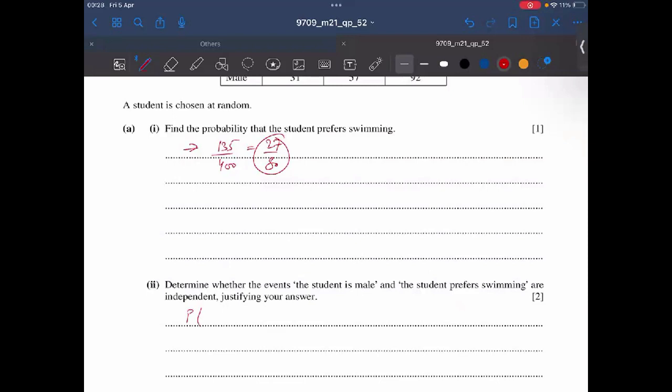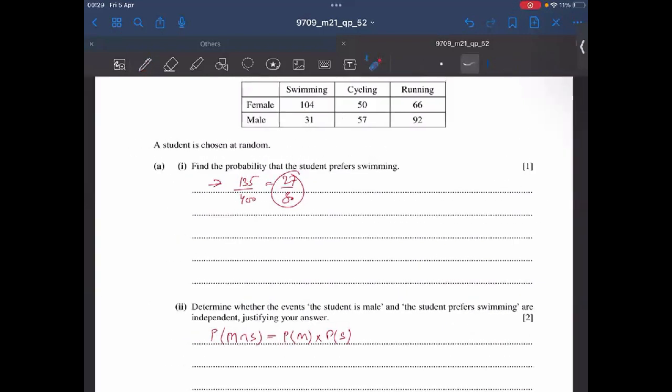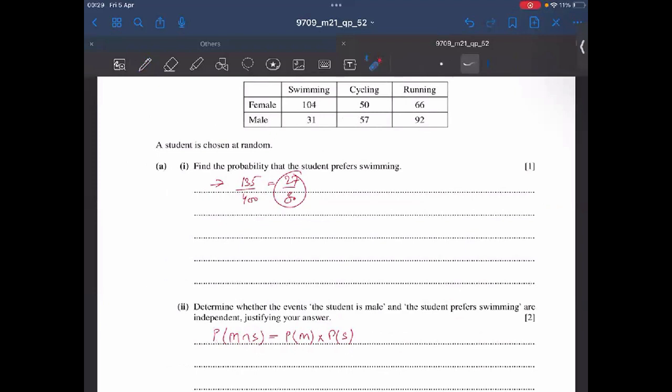So the probability of male and swimming is equal to the probability of being male multiplied by the probability of swimming. If the equation is satisfied, then the events are said to be independent. Now, what is the probability that the student chosen is a male and prefers swimming? It's 31 over 400.